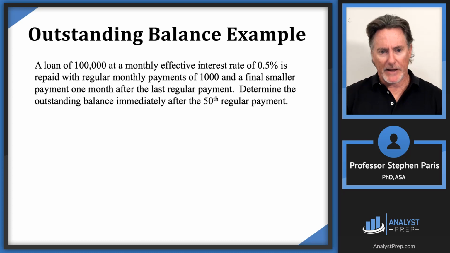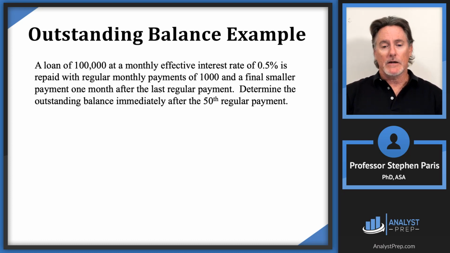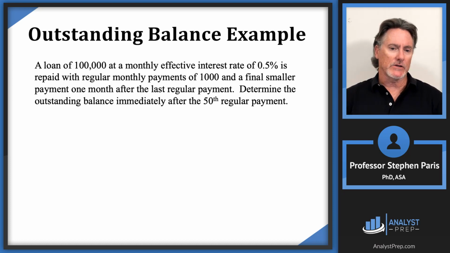I want the balance immediately after the 50th regular payment. That's the B sub 50 that we use. And remember, there's a retrospective and a prospective calculation of balances. If I try to do something prospectively here, think about what information is given to you and what information you need.